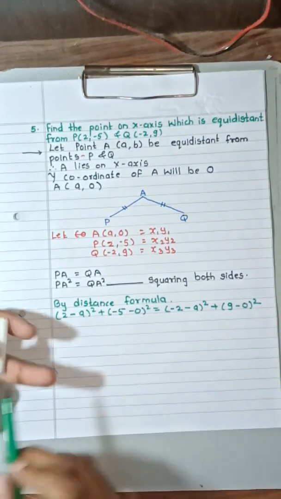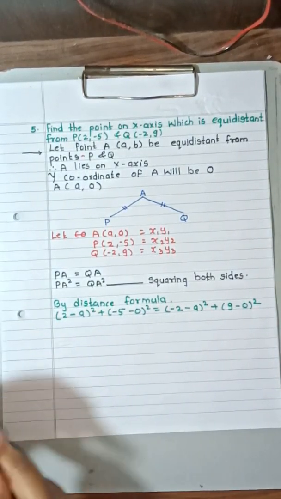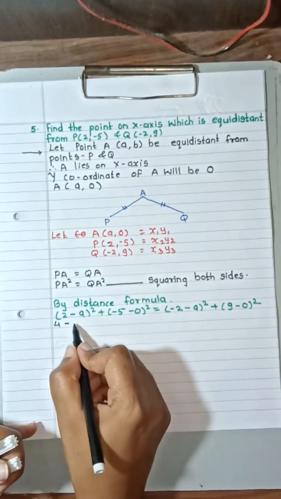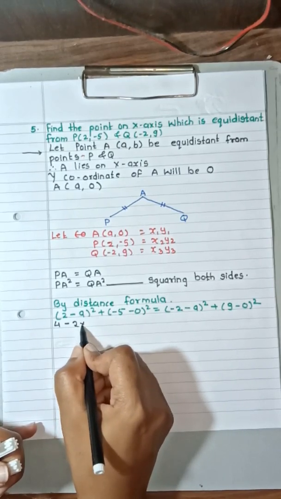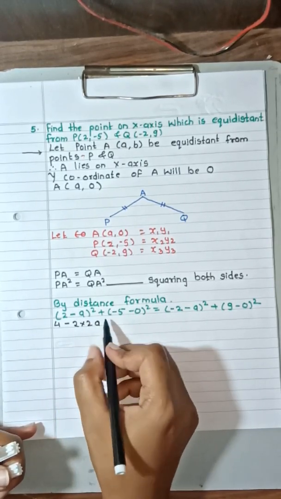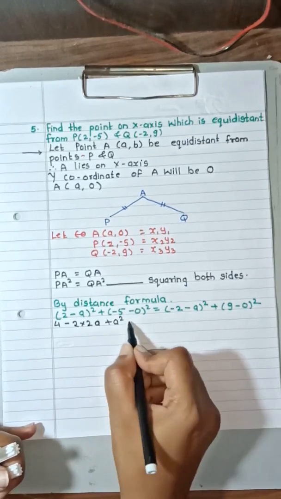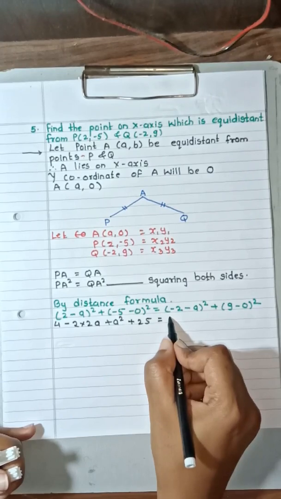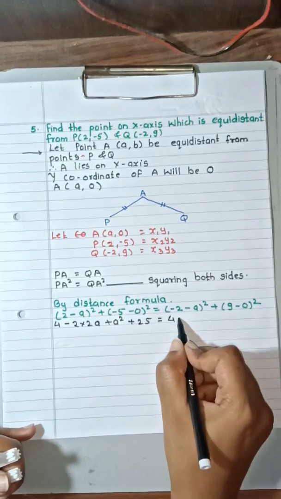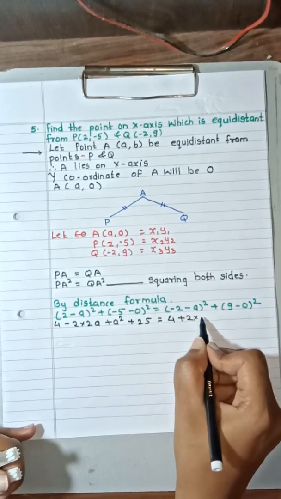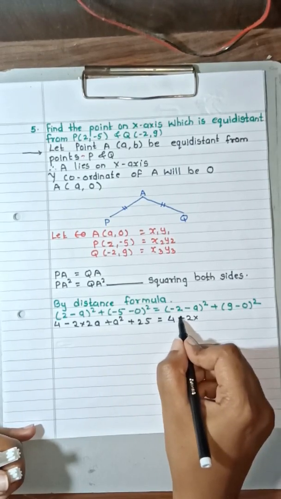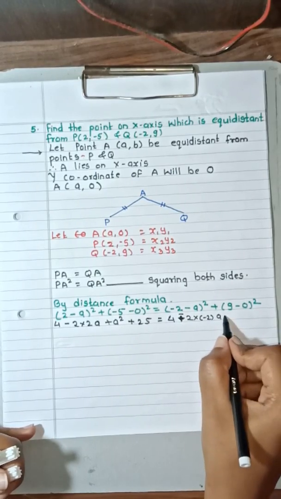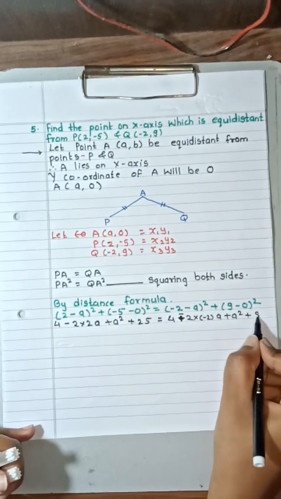Okay, now we'll square this. On squaring, that will be 2 square will be 4 minus 2 into 2a plus a square plus 25. Similarly here also it will be 4 plus 2 into, I'll write here minus first, minus 2 into minus 2a plus a square plus 81.